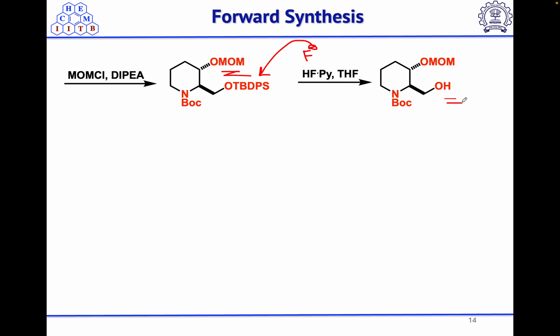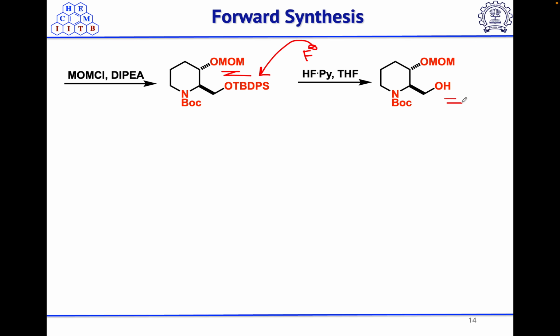So that is deprotection of OTBDPS. So if you have silyl based protecting groups and you treat with fluoride based reagents, you will get deprotection of that silyl protecting group.